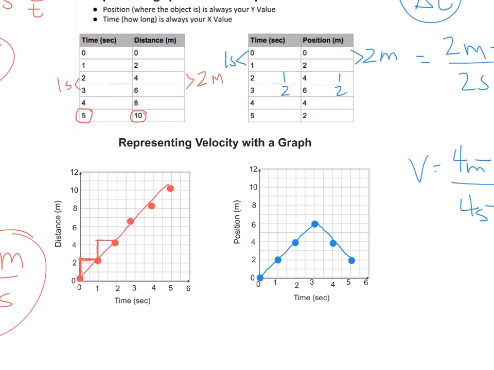Both graphs, even though they look different, represent the same motion. The object always traveled with a constant speed of 2 meters per second, but our position time graph that represents velocity shows a direction change in that object's motion.